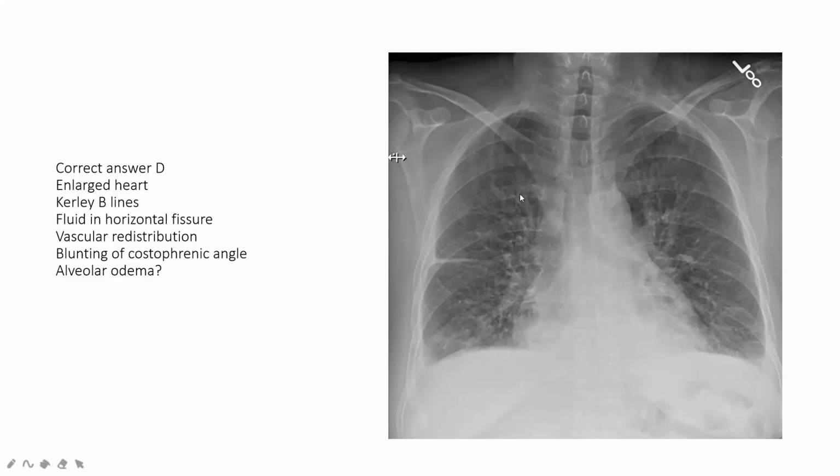But if you see vasculature that looks as prominent as the lower half of the lung, then that would mean that there is an element of vascular redistribution. So there is pulmonary hypertension because of heart failure that is causing increased density in those vasculature.